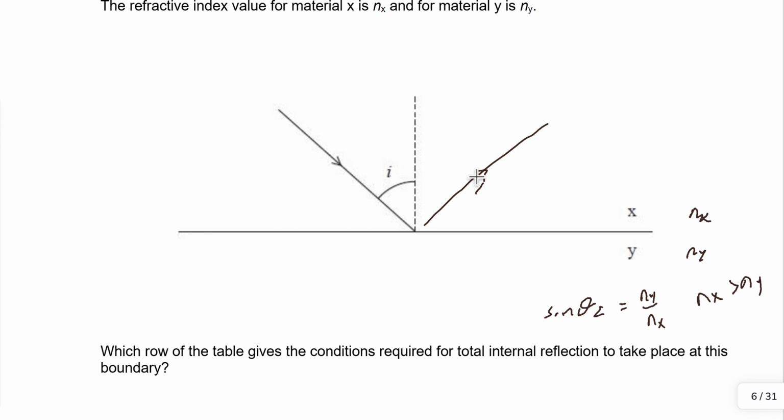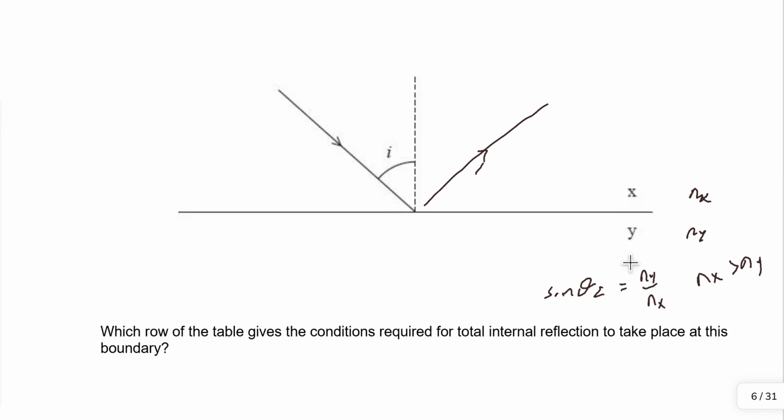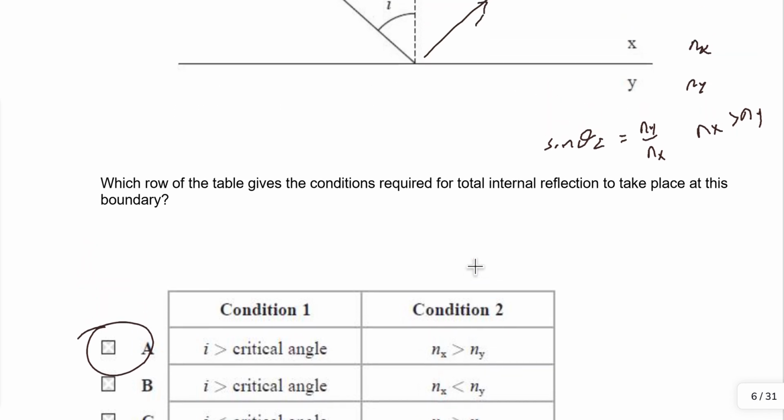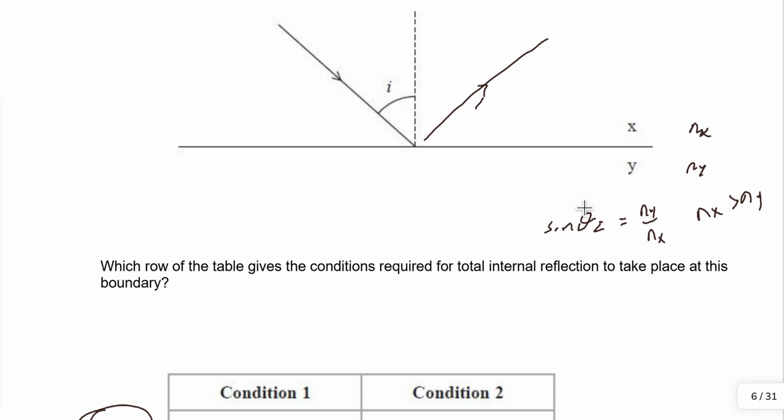Okay, so it's going to a lower refractive index, so that means the refractive index of X is greater than the refractive index of Y. And also with the formula that's confirmed, because if Y was bigger than X, then you would not get a value for sine theta, critical angle, as the function sine varies between 1 and -1.